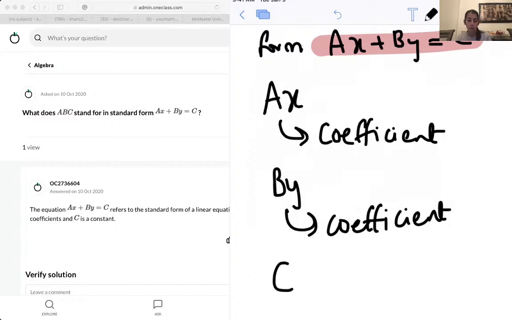So it's not just one constant number. AX equals 1 might be true, but it's not always like that. If x changes, then the value changes as well. However, with C, nothing is being multiplied. So if, for example, C is 1, C will always remain 1, which is why C is a constant.